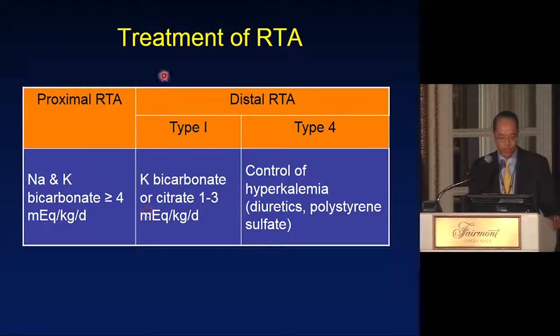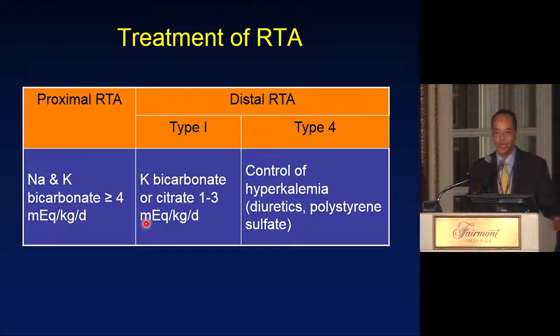For these other two, you want to correct the acidosis with alkali. And so that's either bicarbonate or citrate, either in the form of sodium or potassium salt if you want to correct their potassium as well. The major distinction between them is in type 1 RTA, the reason those patients get acidotic is because they have a defect in renal excretion of acid, so they can't excrete their daily acid load.